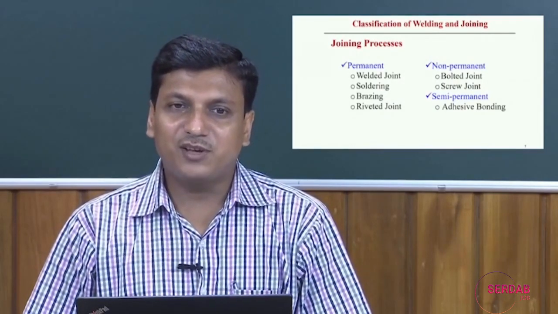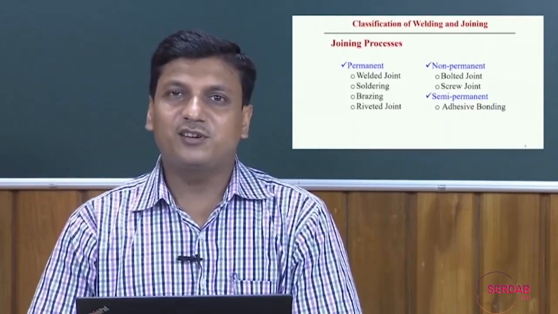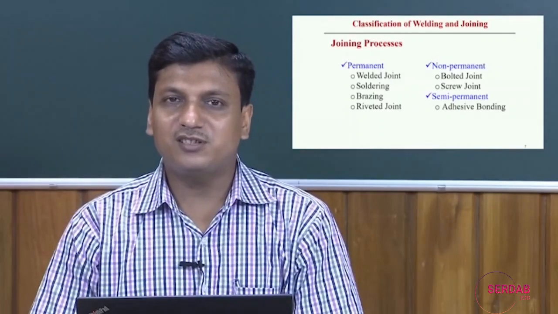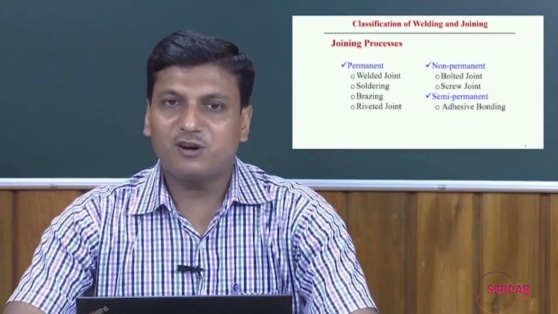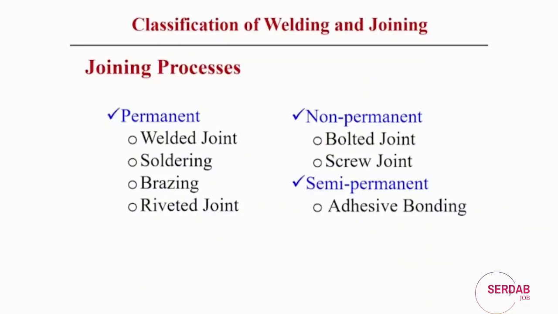And of course, the rivet joint. This is kind of a mechanical joint, but it can be considered a permanent joint. The non-permanent joints are the bolted joint and the screw joint, because whenever required it is possible to disassemble the joined materials.